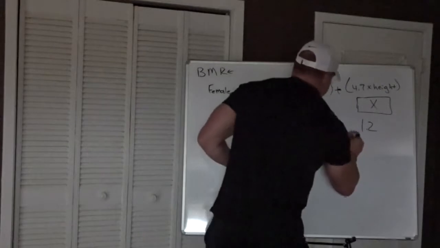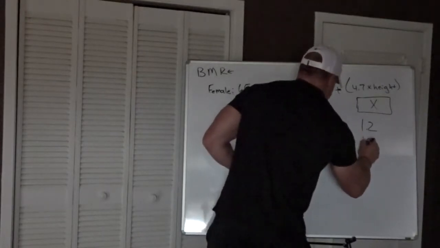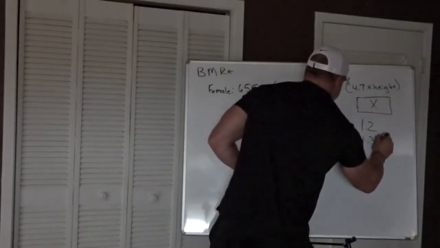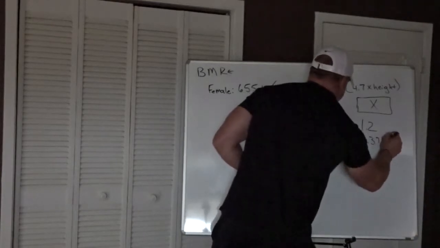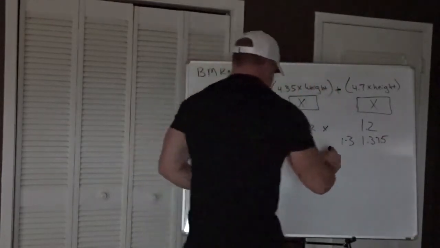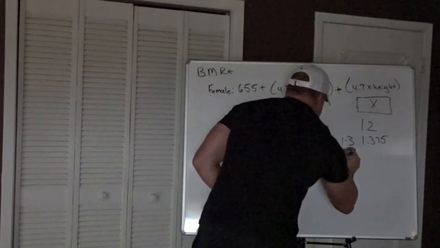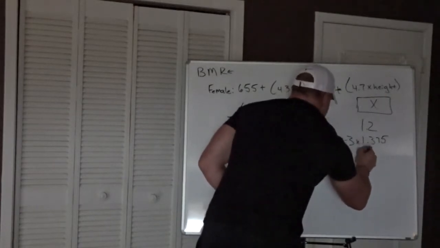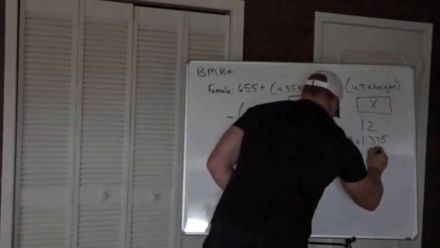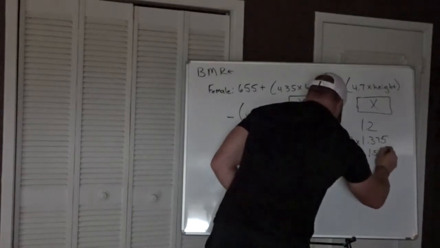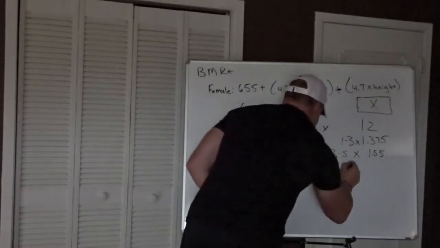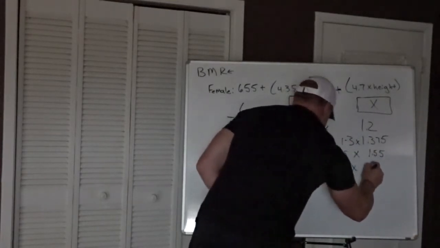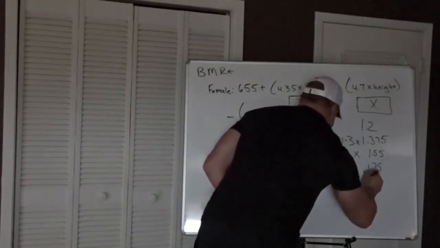If you work out 1 to 3 days a week, that constant would be 1.375. If you work out 3 to 5 days a week, that constant would be 1.55. You work out 6 to 7 days a week, that constant would be 1.75.